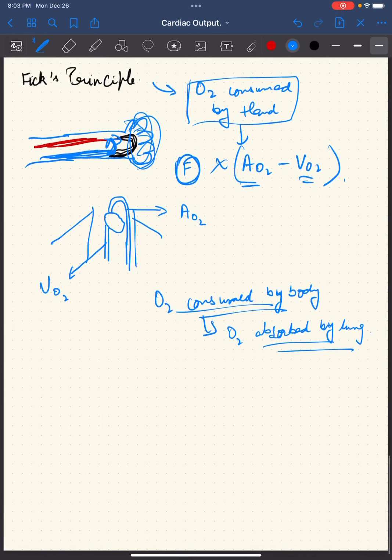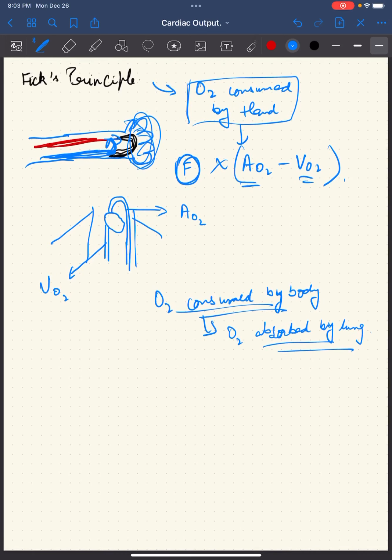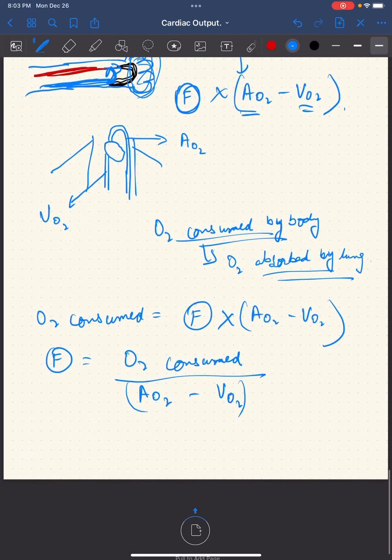So from this formula, O2 consumed equals flow into AO2 minus VO2. We can derive F equals O2 consumed divided by AO2 minus VO2, right?